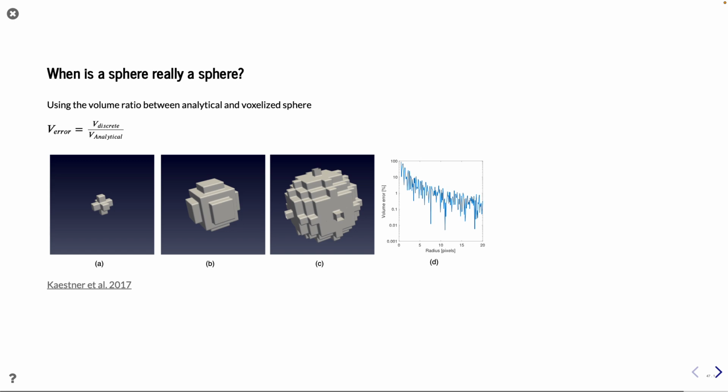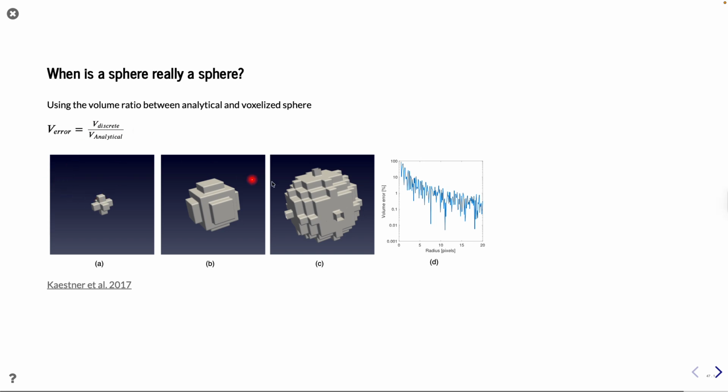The same goes for spheres. If we have a small sphere, here I did an analysis where I took the discrete sphere, so I thresholded a sphere in the image, and then I computed the analytical volume from the geometric definition of a sphere.